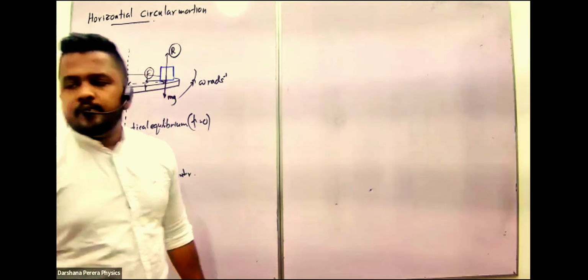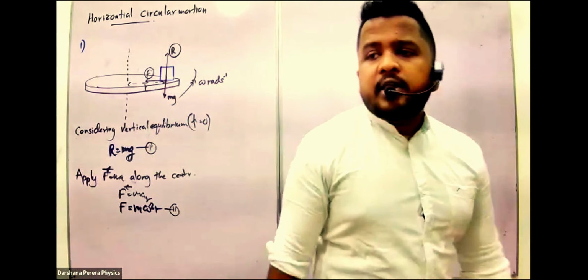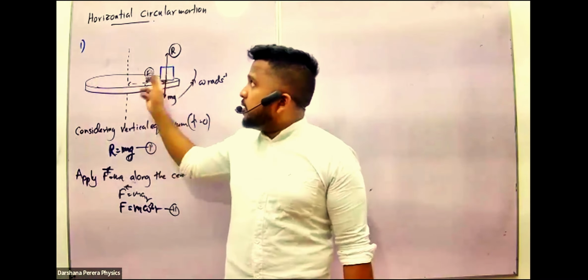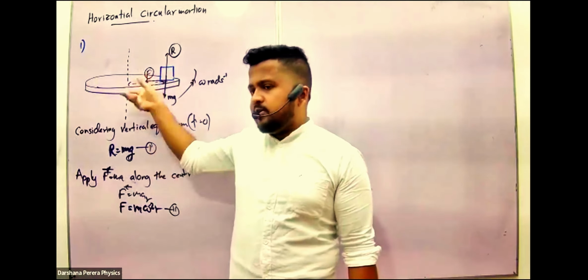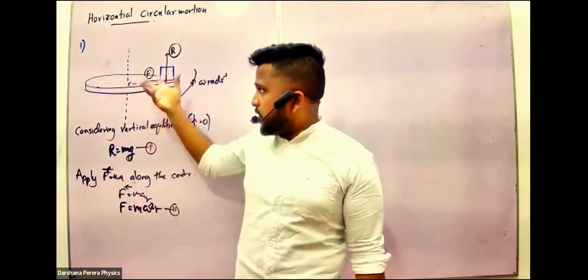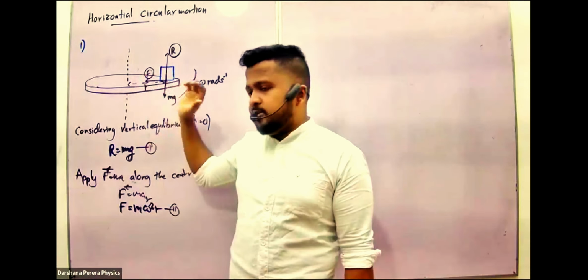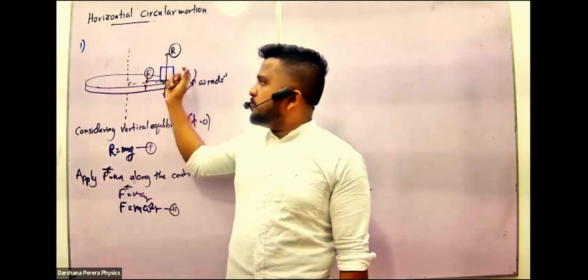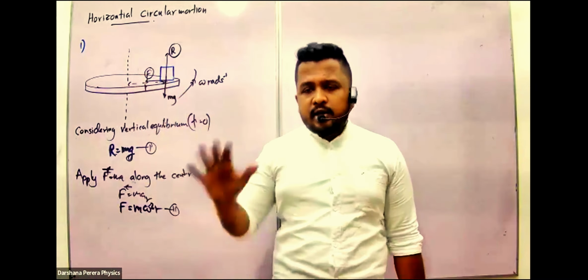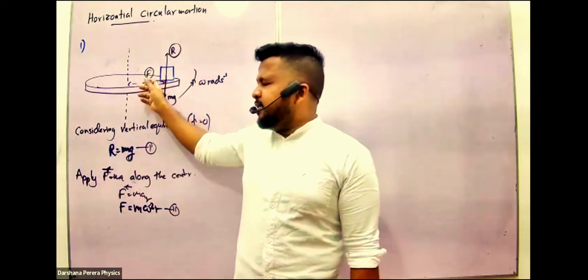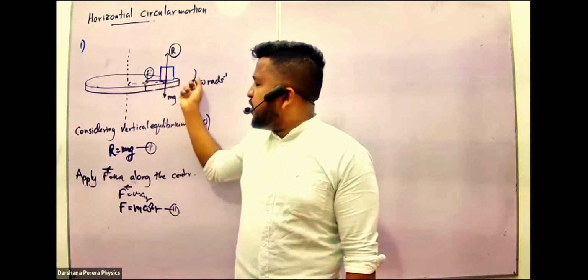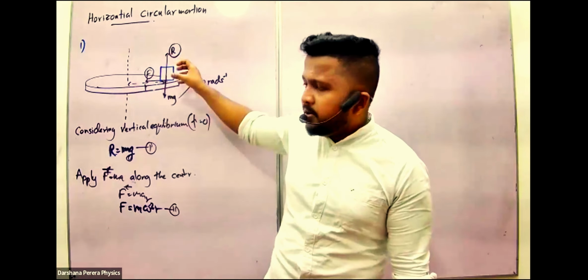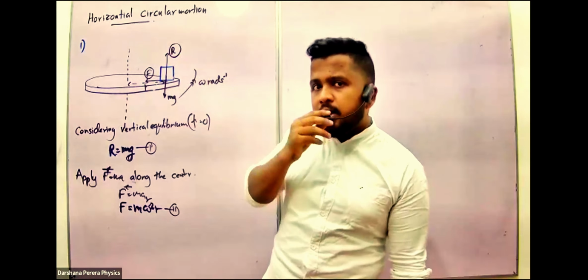Right. In this case, the disc is rotating, and while it rotates, the object is in a circular motion. When we increase the velocity of the disc, it goes to the limiting equilibrium. Why?